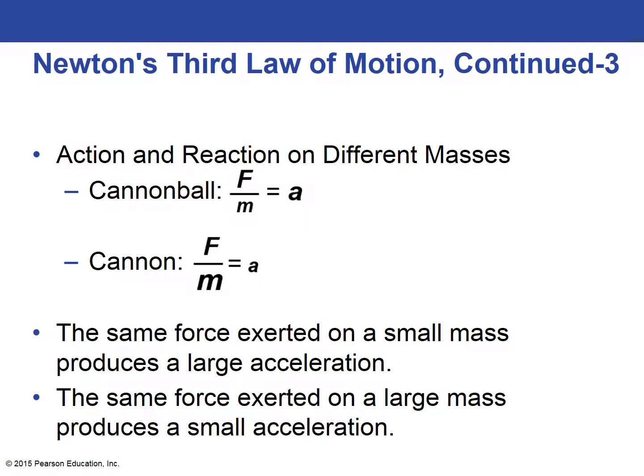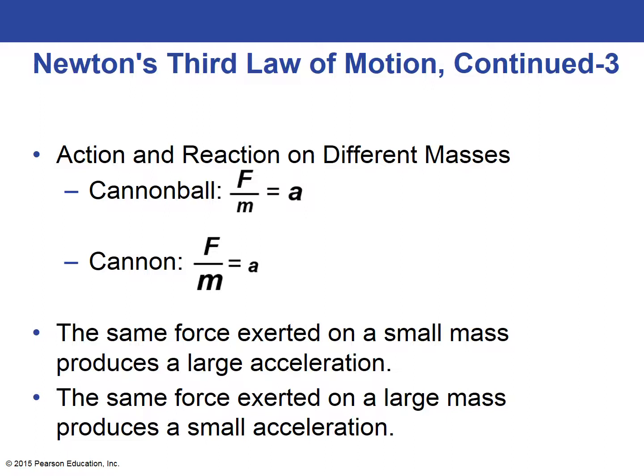So while the cannon exerts a force on the ball pushing it out, the cannon will recoil in the backward direction if it's not held fixed onto the earth or the floor from which it's being fired.